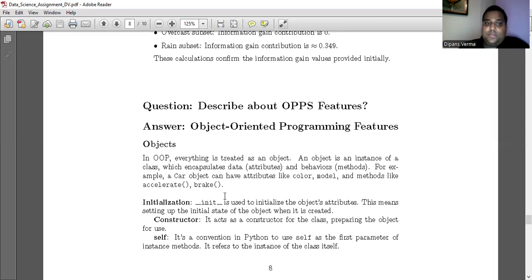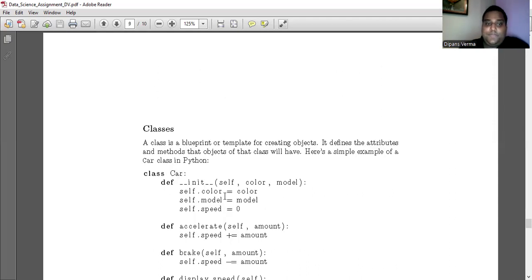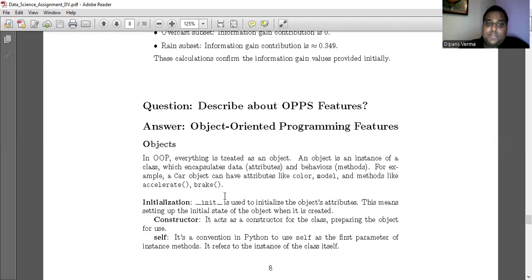If you're considering the initialization method, it is basically used to initialize the object attributes, because this helps put the object into its initial state when it is created. What is the constructor here? The constructor is such a construction for the class, preparing the object for use. And self is a convention in Python to use self as the first parameter of the instance method.